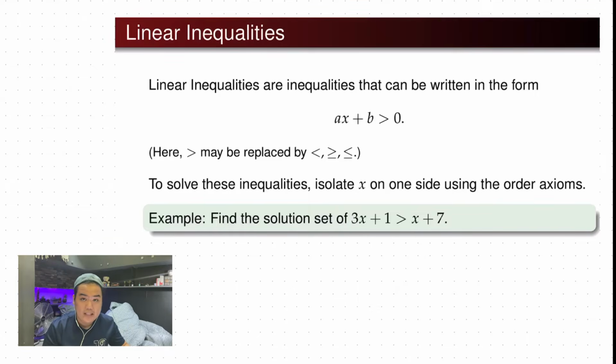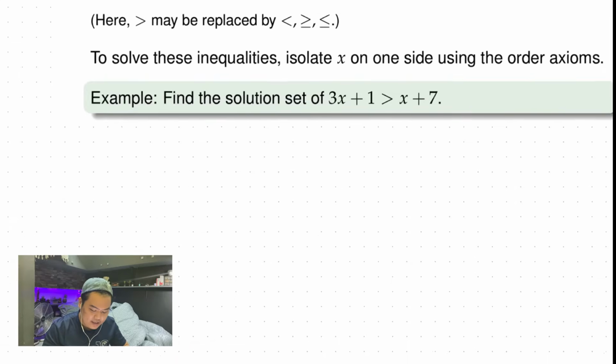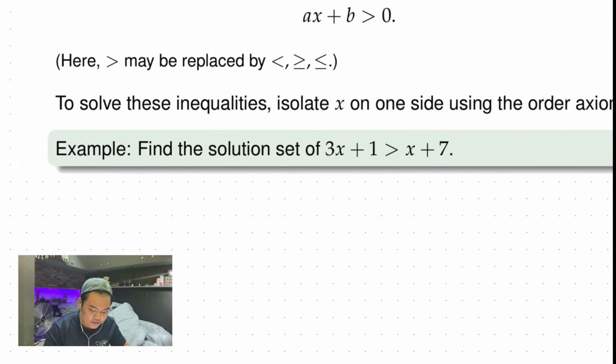Okay, and to solve this inequality, isolate mo lang si x sa isang side. So, example, let us find the solution set of this. Kailangan lang ma-isolate si x sa isang side. So, eto, pwede mo lipat sa kabila.